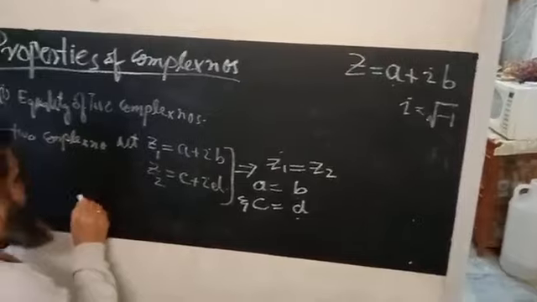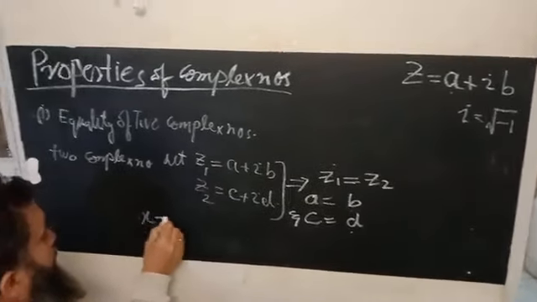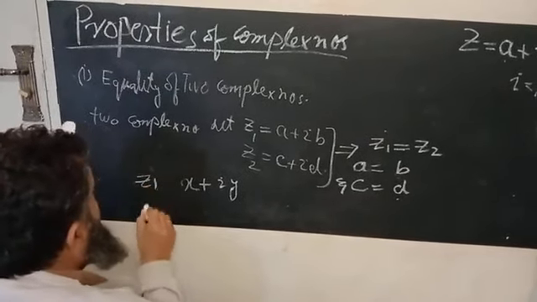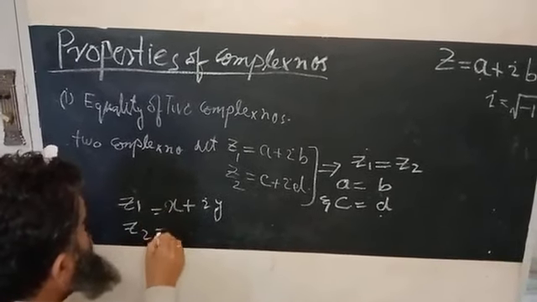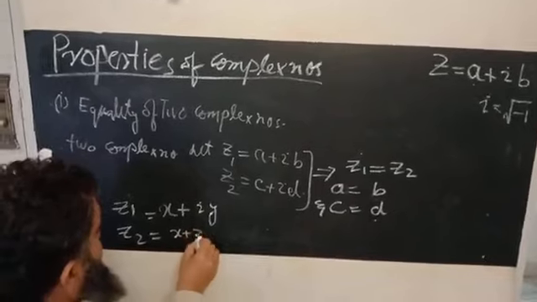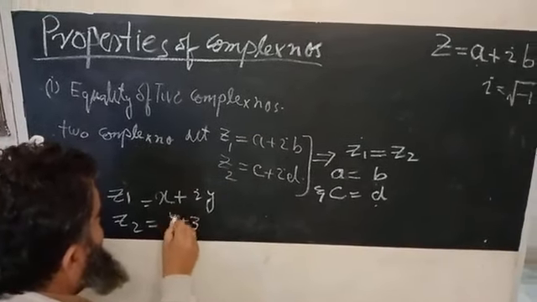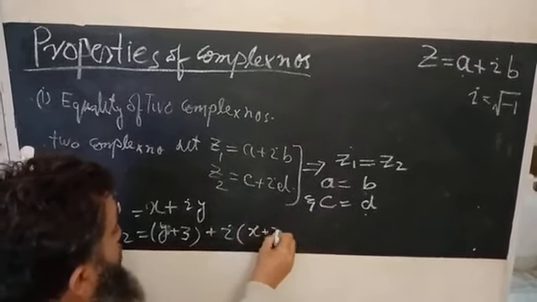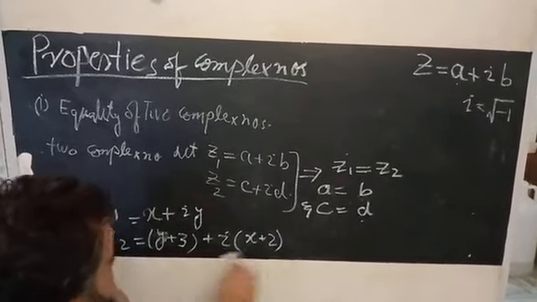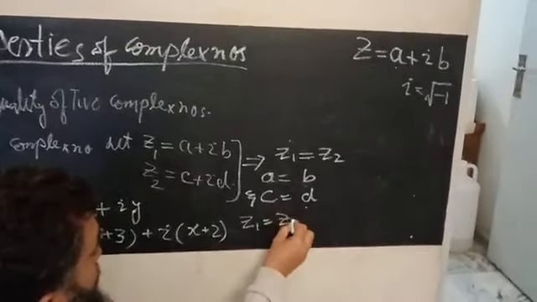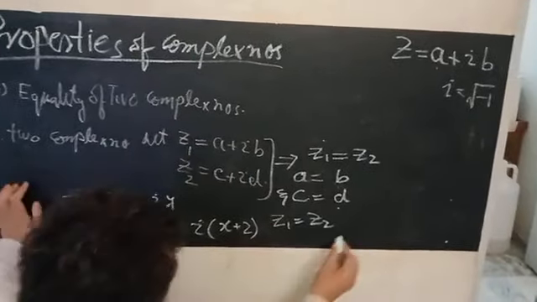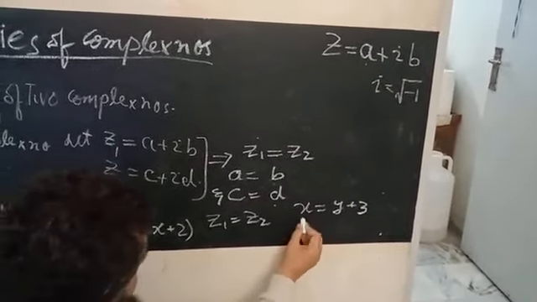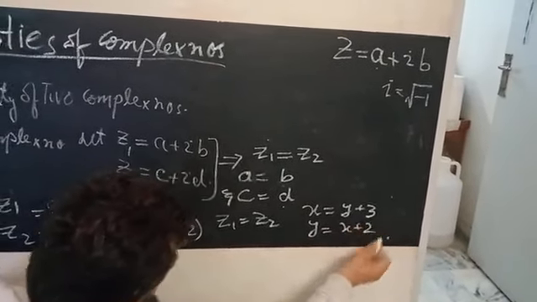For example, if we have z1 equal to x plus iota y and z2 equal to y plus 3 plus iota x plus 2, and given that z1 is equal to z2, this implies that x is equal to y plus 3 and y is equal to x plus 2, if it is possible.